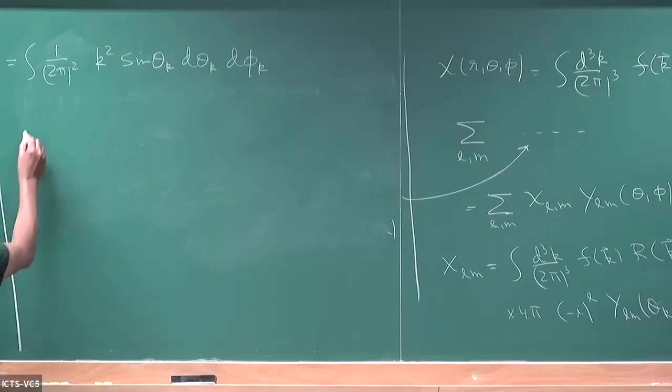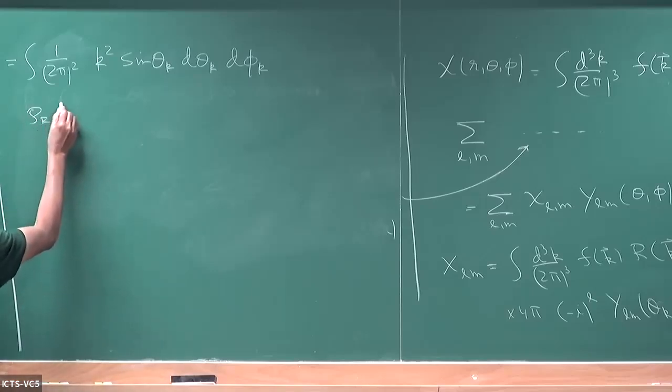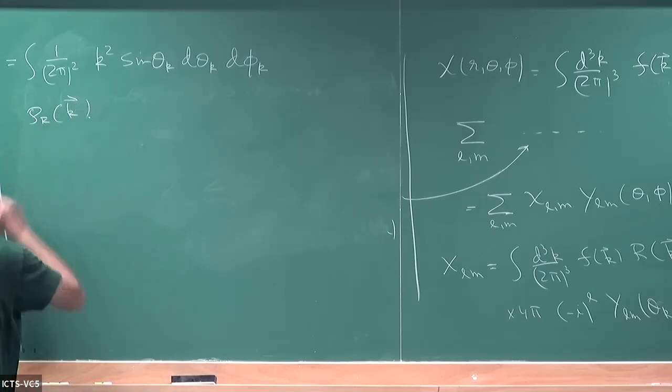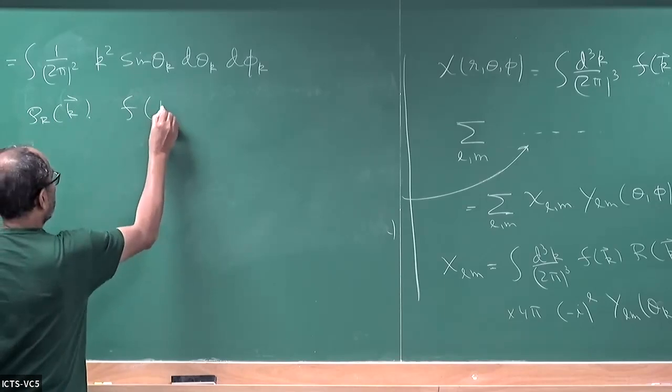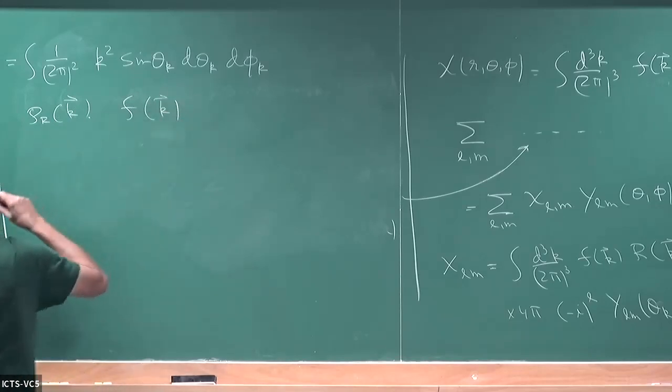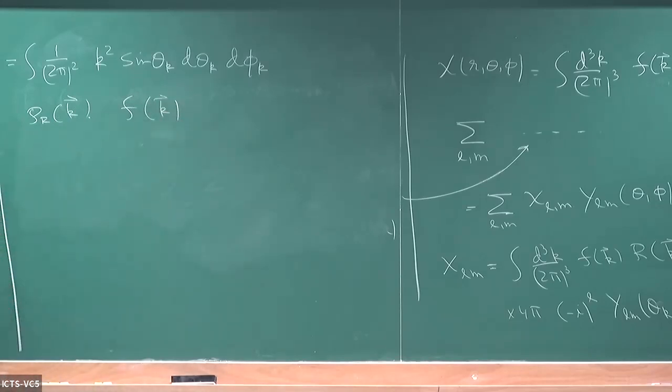So we have PR of k, which I bring in the front. And then the rest, F k. This should have been F k prime, to begin with.